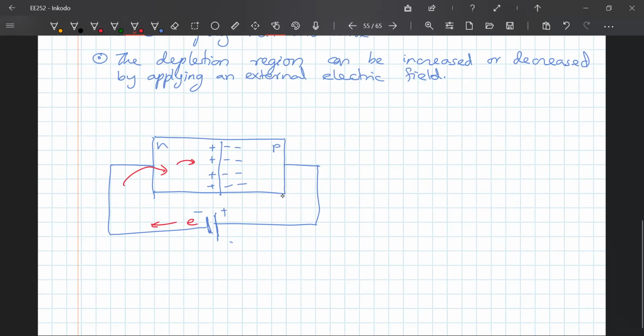And similarly, electrons from here get pulled to this positively charged plate. So therefore, this also gets reduced. So the new depletion layer is only this thing. So it's a decreased depletion region.